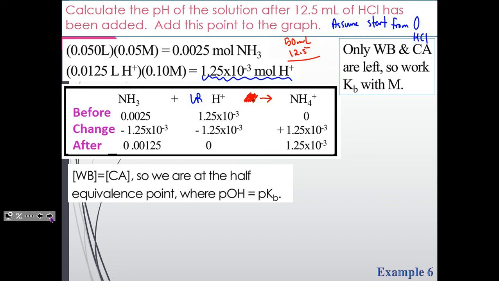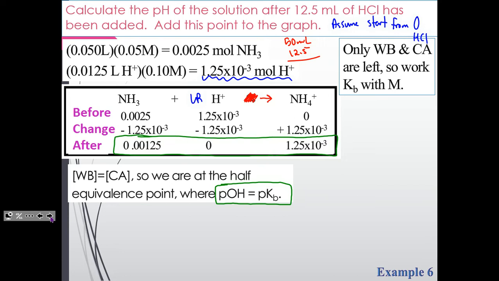At this point, what we see is something pretty special. We have equivalent amounts of weak base to conjugate acid. And remember, when the concentration of weak base to conjugate acid is identical, we find ourselves at what we call the half equivalence point. And we can actually calculate the pH of the solution from the pKb.